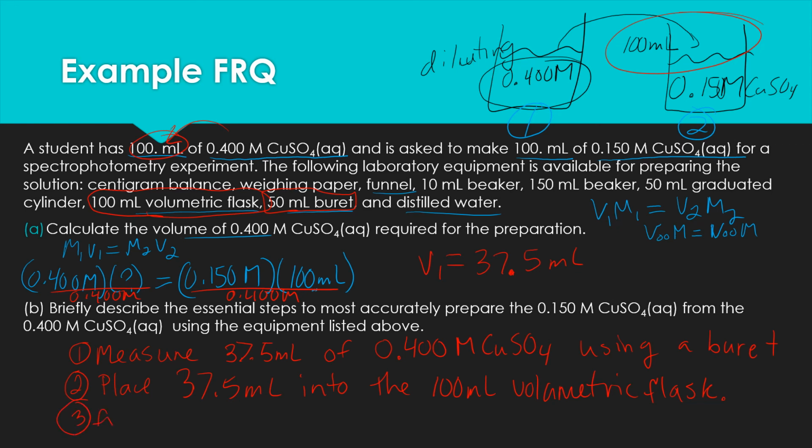Then we will fill the flask to the line. You could say the calibration mark, the line, something like that, with distilled water. We do not mention how much distilled water, we just say we fill it to the line. We do not have to measure that. You could mention using the funnel, that doesn't hurt. We could say using our funnel to help deliver the liquids into the flask, but other than that, that's all we need to state.